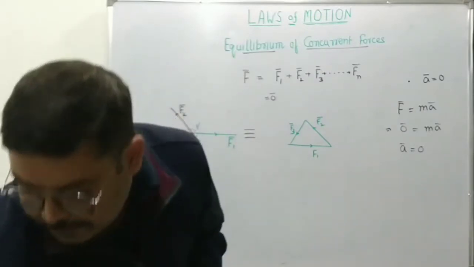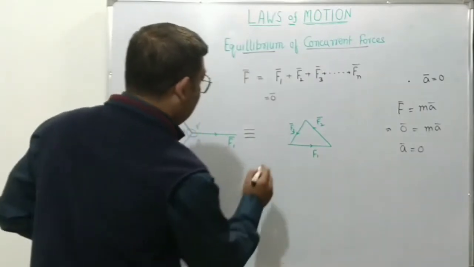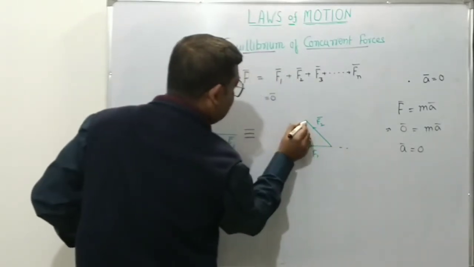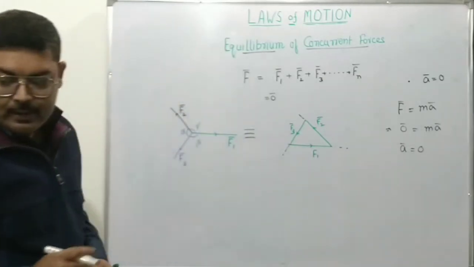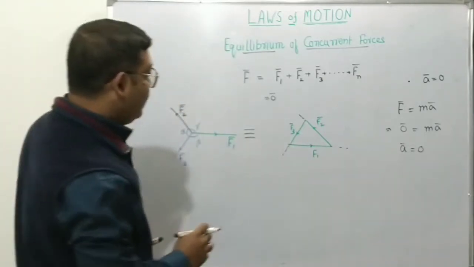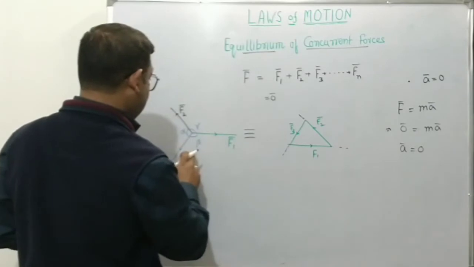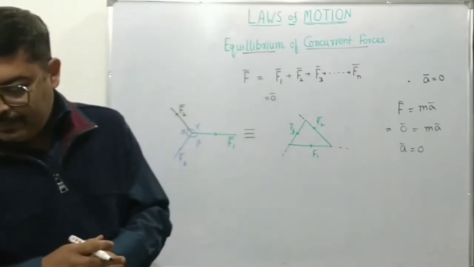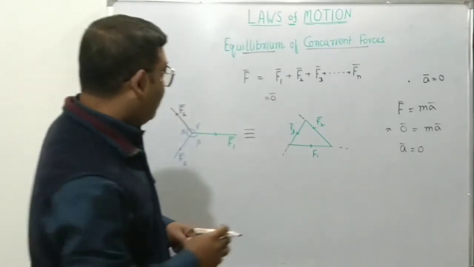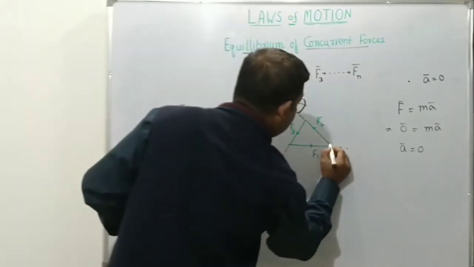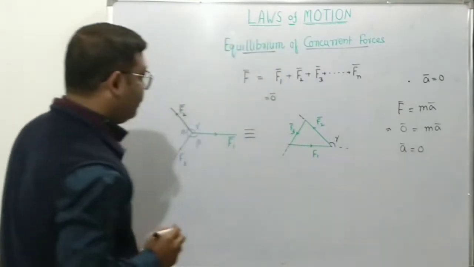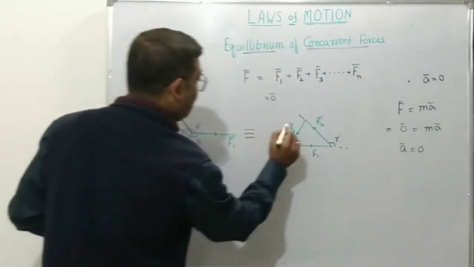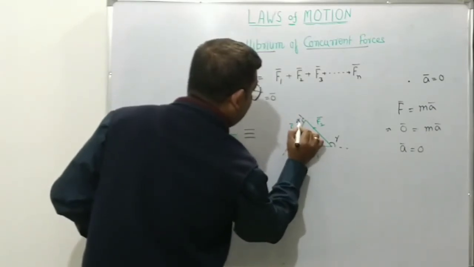Now if it is so, let's draw this like this. The angle between F1 and F2 was gamma, so this will be gamma. The angle between F2 and F3 was alpha, so this will be alpha.